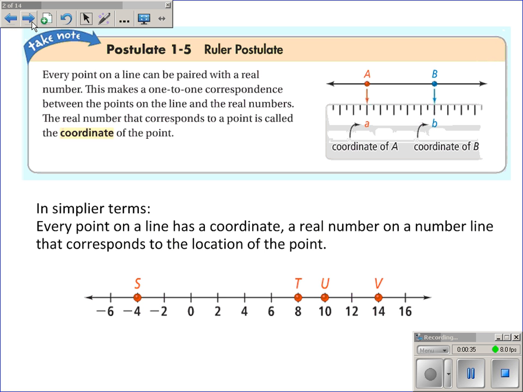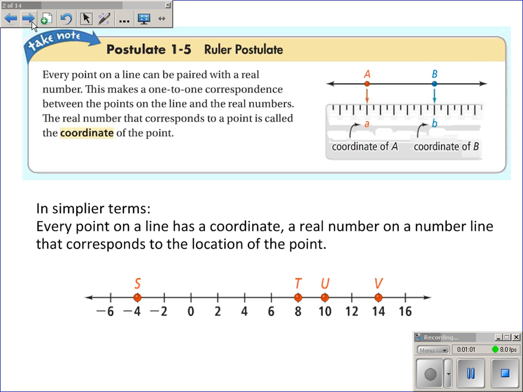Let's get started. We're starting off with a postulate, which again is an accepted statement of fact, and that is the ruler postulate. The ruler postulate is that every point on a line can be paired with a real number. This makes a one-to-one correspondence between the points on the line and the real numbers.